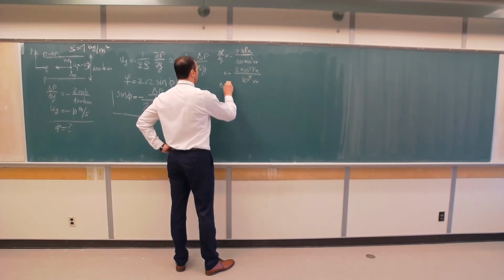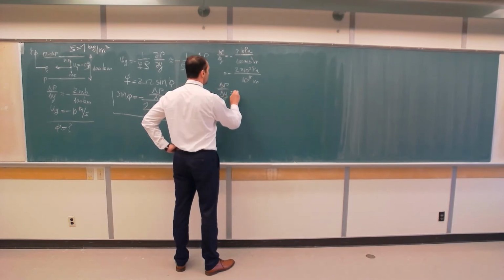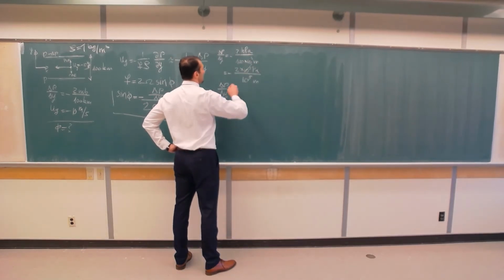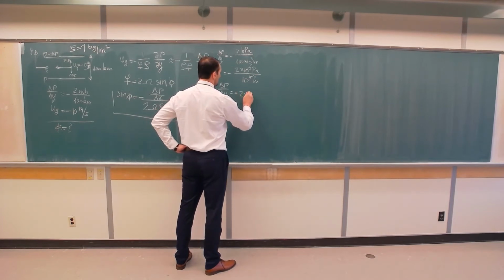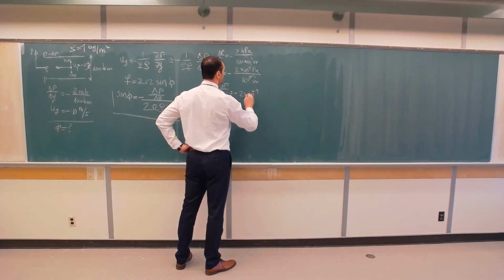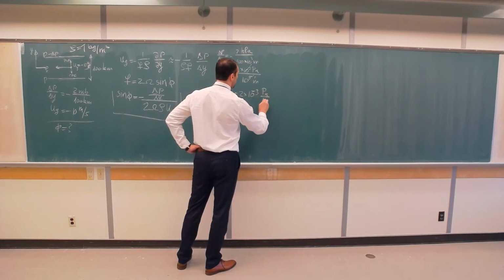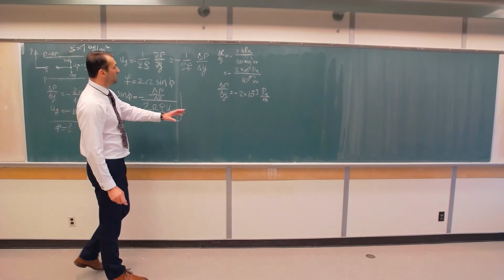So finally, delta P over delta Y is equal to minus 2 times 10 to the power minus 3 pascals per meter.